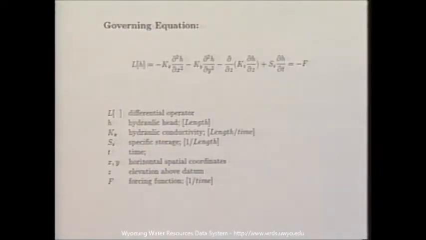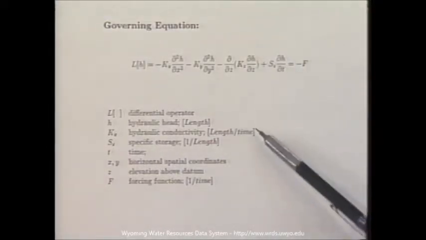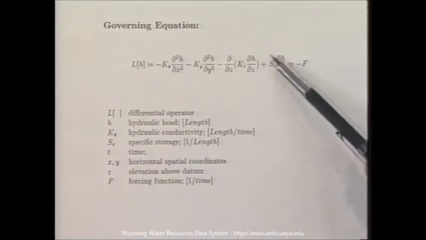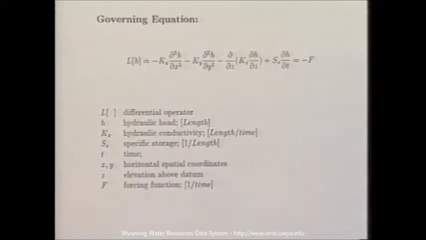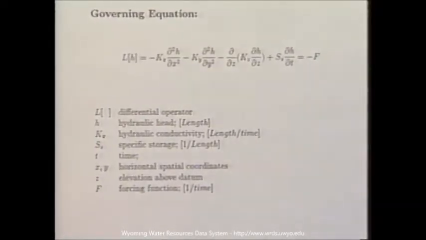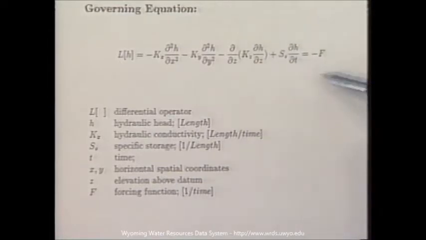You'll have the same characteristic in that horizontal plane. Of course, I use specific storage rather than the storage coefficient. The forcing function is what I will use to introduce the point sources or a recharge boundary. This is really the Poisson equation as I work with it.